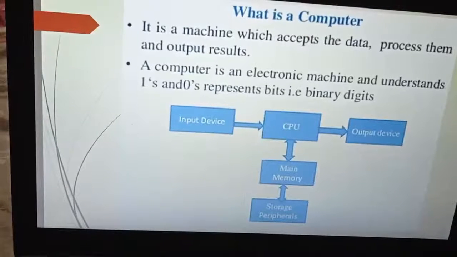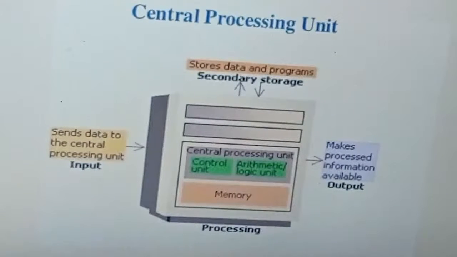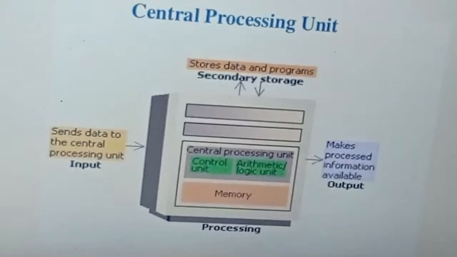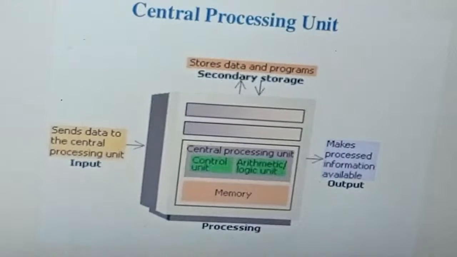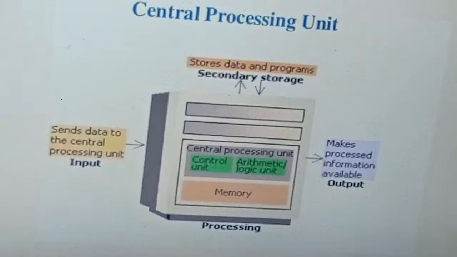Now coming to the computer, it consists of input devices, which give the input to the CPU, which executes, that is understands, and gives output to output devices. In between are the memory as well as the CPU, the central processing unit, which consists of a control unit, an arithmetic logic unit and memory.